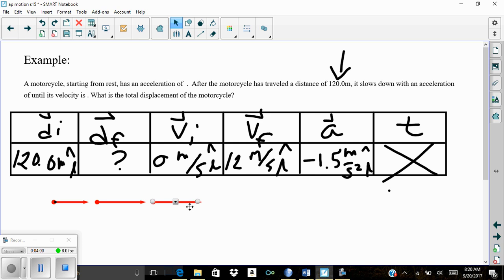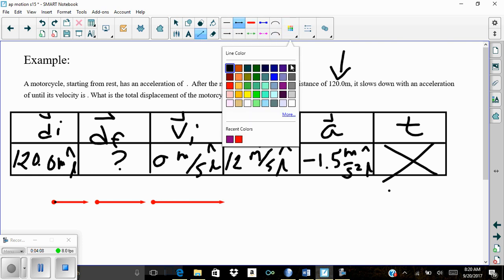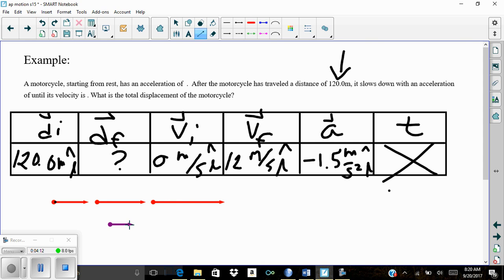Sorry, it says it's accelerating from rest. Now that it's accelerated from rest, we need to put our acceleration vector. Let's make that purple. Then it starts to slow down.